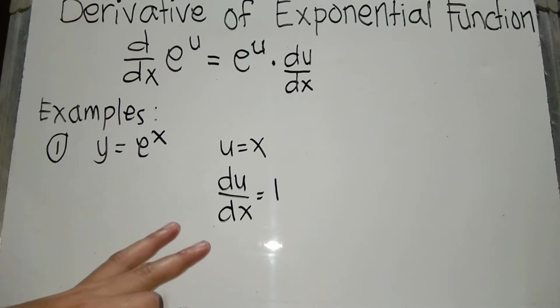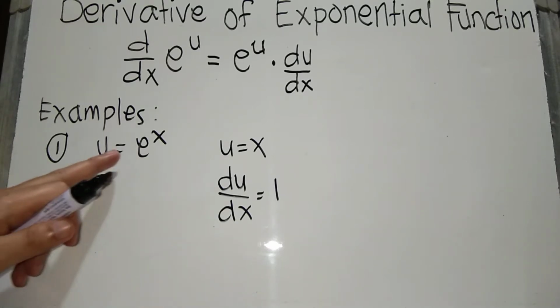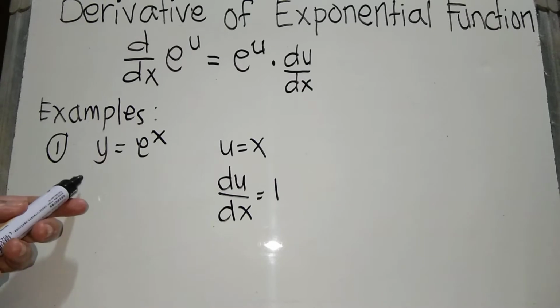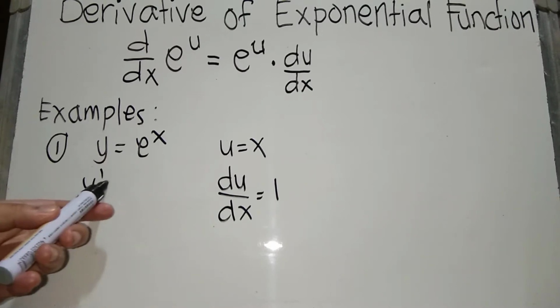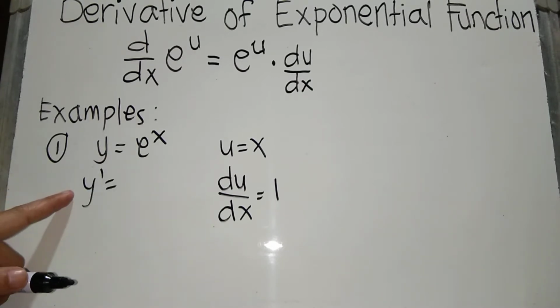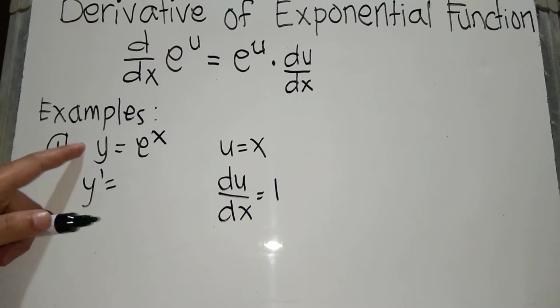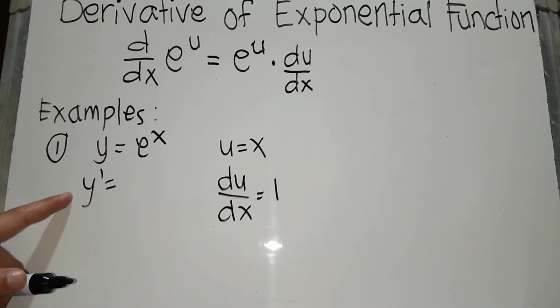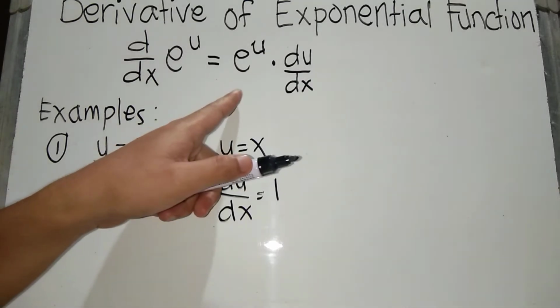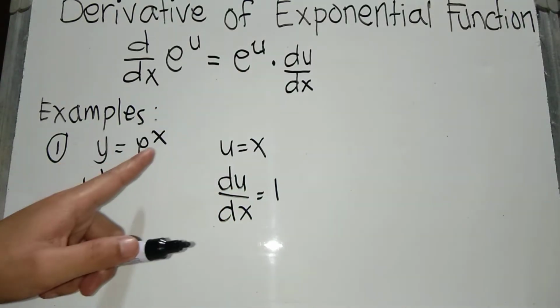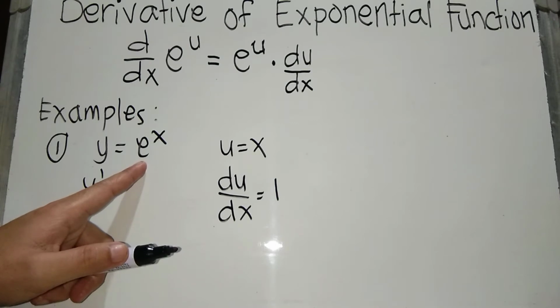So basically, in finding the derivative of y is equal to e to the x, we have here y prime. Y prime is the notation for the derivative of y, or you can use dy over dx. Then according to our formula, all you have to do is to copy the original exponential function.